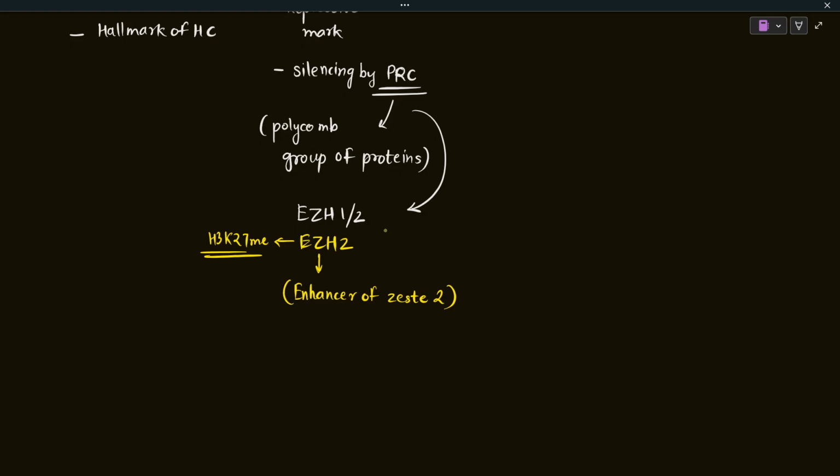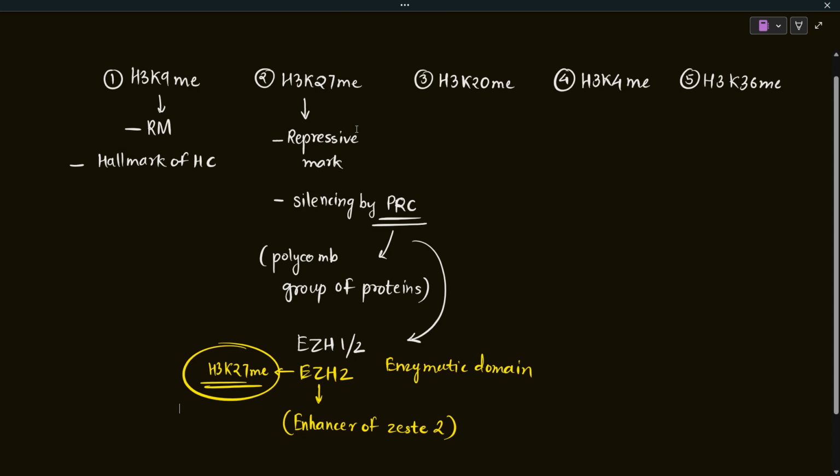This is the catalytic domain, or the enzymatic domain, which is going to methylate the H3 protein at the 27th lysine residue. So this is the catalytic domain of the PRC2 complex, which does the H3K27 methylation. That is why we say this is the writer enzyme.